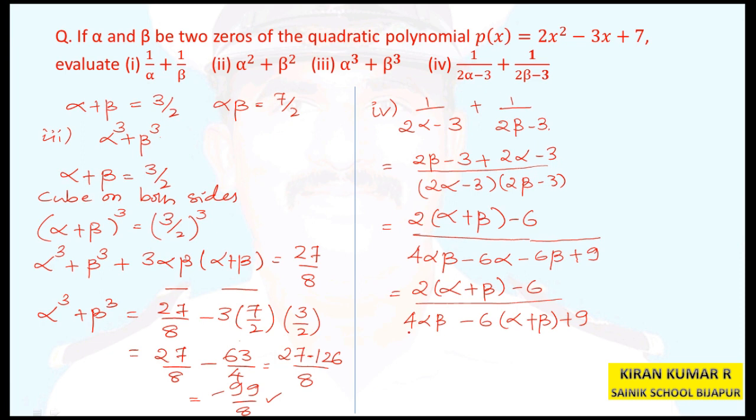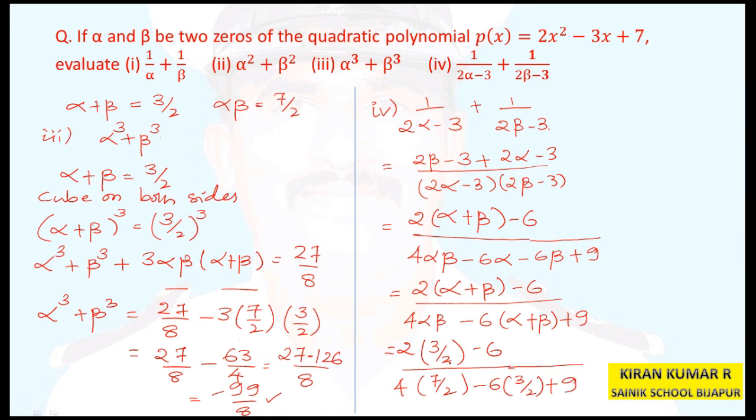Now we have these alpha plus beta values. Let's substitute in this. You'll be getting twice alpha plus beta, which is 3 by 2, minus 6, divided by 4 times alpha beta, which is 7 upon 2, minus 6 times alpha plus beta, which is 3 by 2, plus 9.